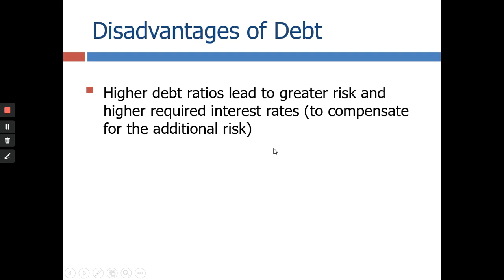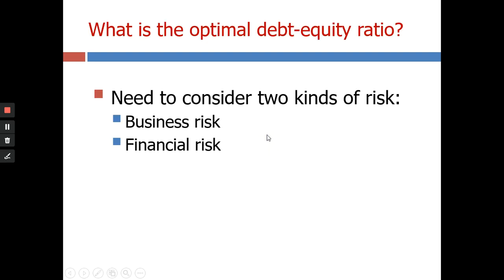Okay, let's move on to the next topic: the optimal debt to equity ratio. When a company has a debt equity ratio, we need to find the ideal range. The ideal range depends on two risks: one is business risk, another is financial risk.